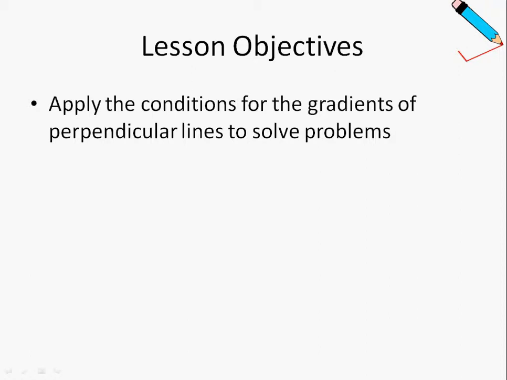Before I proceed any further, I want to do a very simple introduction to perpendicular lines. Suppose two lines are perpendicular. Let's say we have two lines over here, and let's call this line L1 and this line L2.